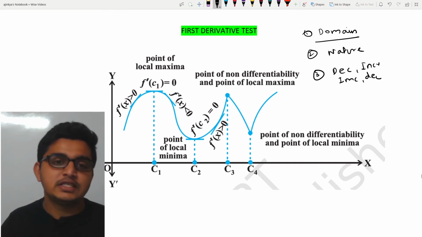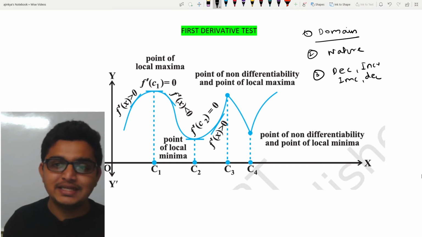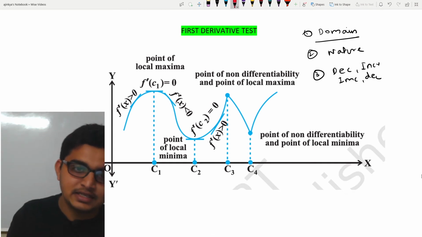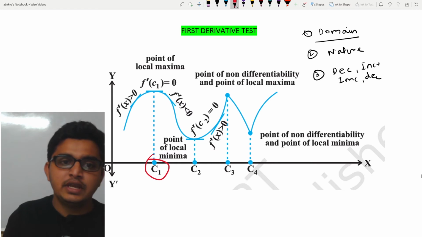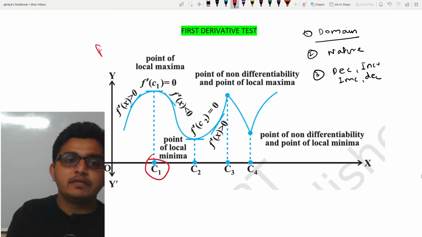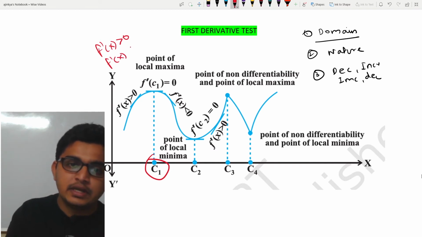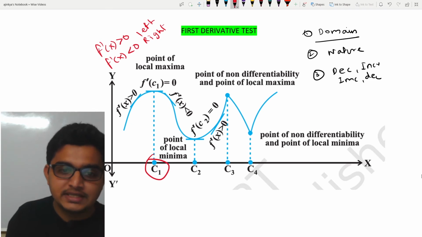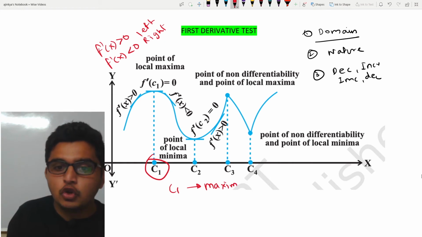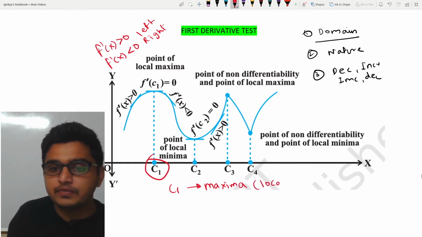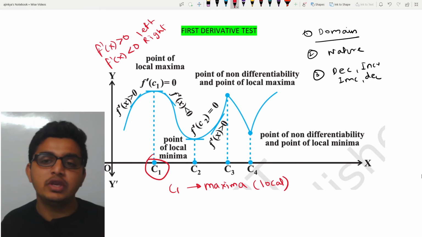The first derivative test particularly says that if there is a point C1, in this case we'll take it as C1, if it has derivative f dash of x greater than 0 towards its left side and f dash of x less than 0 towards its right side, then that particular point C1 is the local maxima of that graph over the given domain.